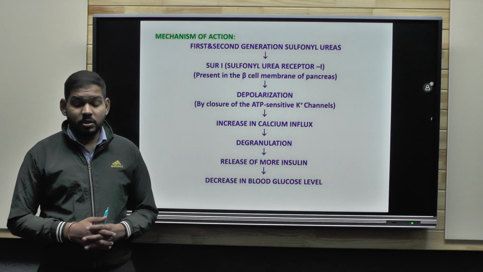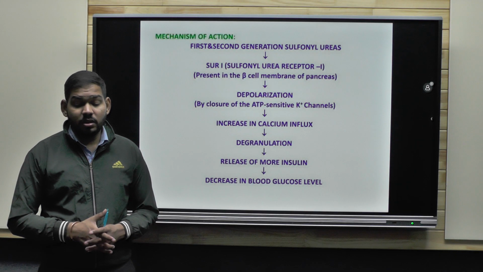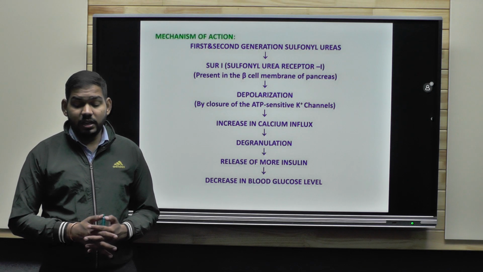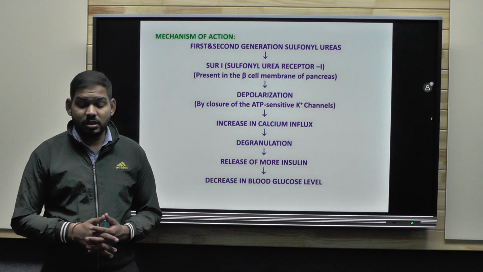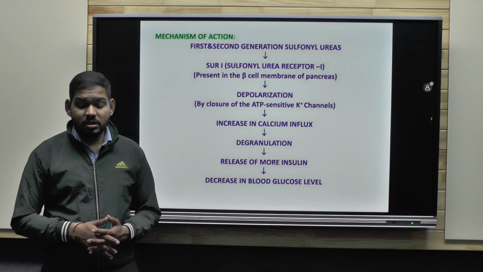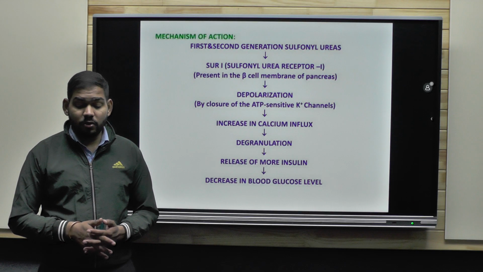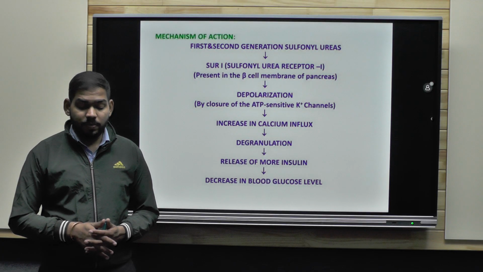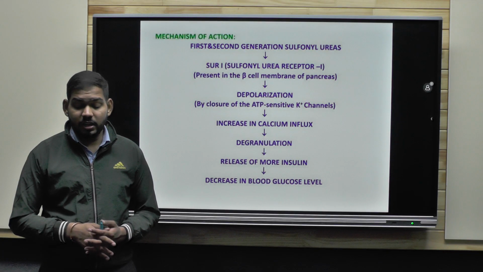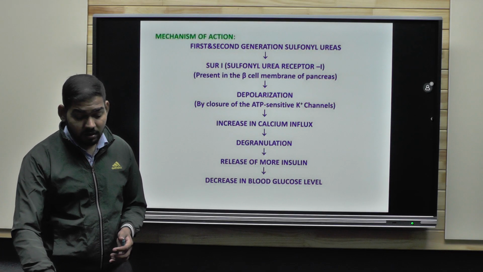It is responsible for depolarization by closing of the ATP sensitive potassium channel, which subsequently increases the calcium influx. This increased calcium influx is responsible for degranulation. Degranulation results in the release of more insulin from the cells, which upon release into the systemic circulation subsequently reduces the blood glucose level.